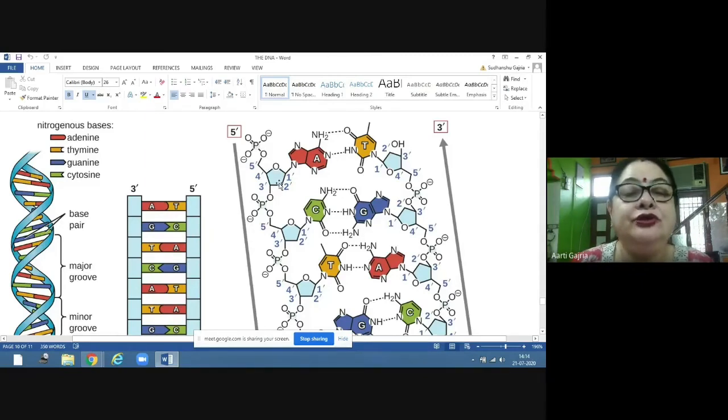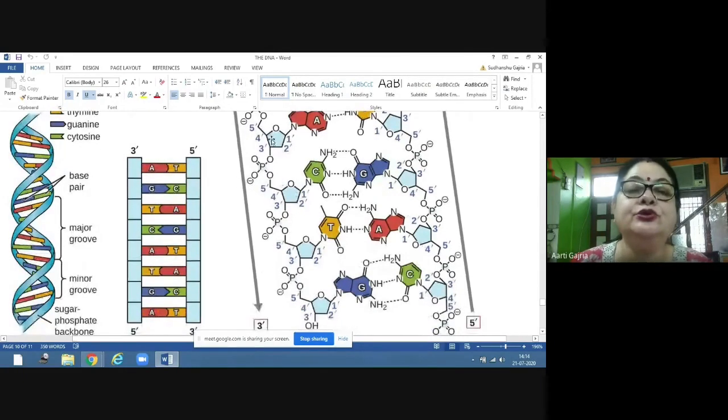Now, what is the pentose in DNA? Deoxyribose. So 2 deoxyribose sugars are joined by this phosphate, and this bond is called phosphodiester bond.